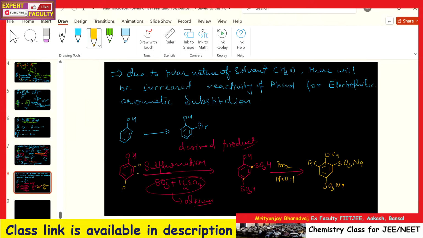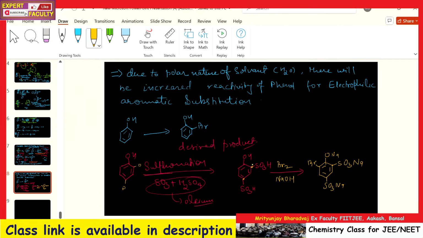If we provide even more, the remaining ortho position will also get occupied. But when we carry out any reaction, we know that we need only that much sulfonating reagent to get one ortho and one para position occupied.